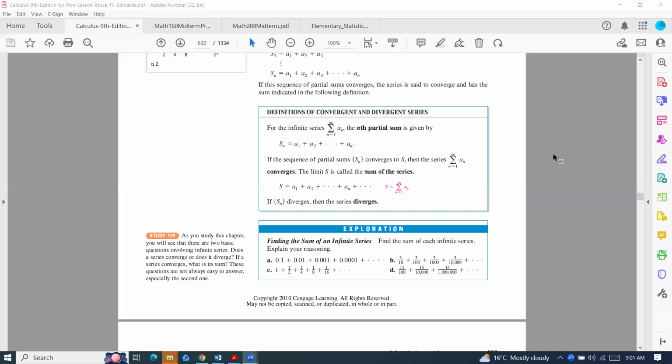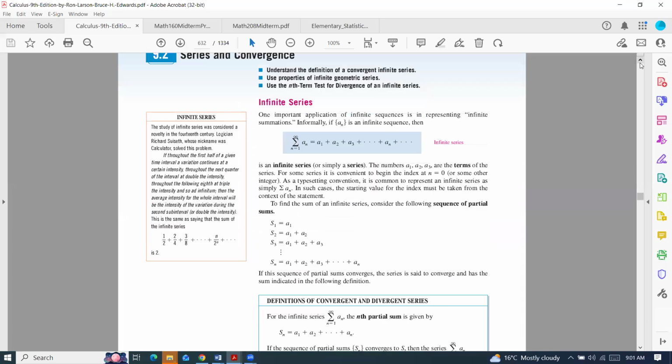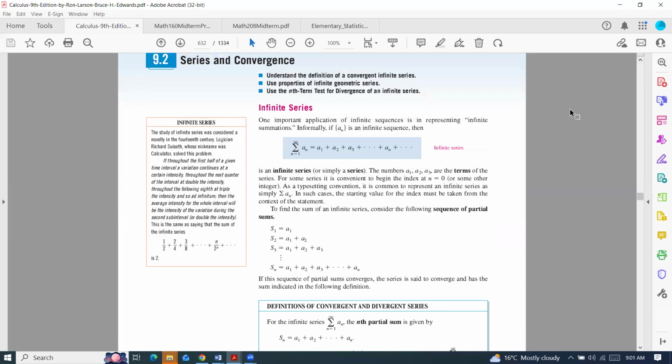So we're going to see a relationship of what we did in the previous section and the story of series of adding infinitely many terms together.